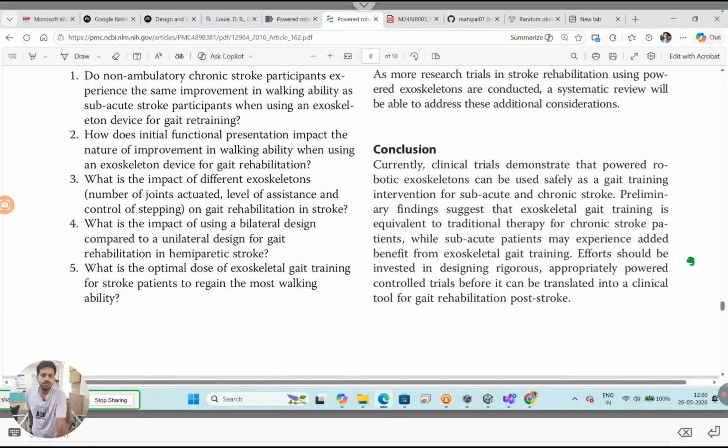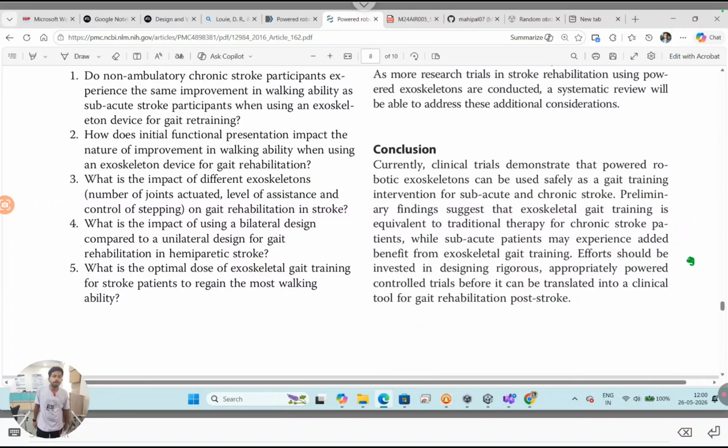Clinical trials demonstrate that powered robotic exoskeleton can be used safely as a gait training intervention for subacute and chronic stroke. Preliminary findings suggest that exoskeletal gait training is equivalent to traditional therapy for chronic stroke patients, while subacute patients may experience added benefit from exoskeletal gait training.